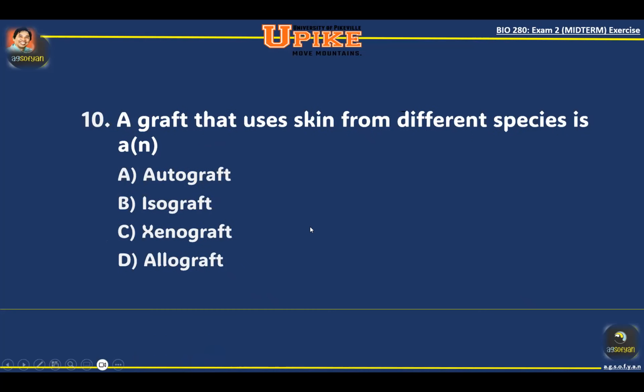How about if it is coming from different species, maybe from the skin of an animal, for example? So we graft, and the skin is actually coming from animals. So it's going to be xeno. Xeno means alien or other species. So xenograft.